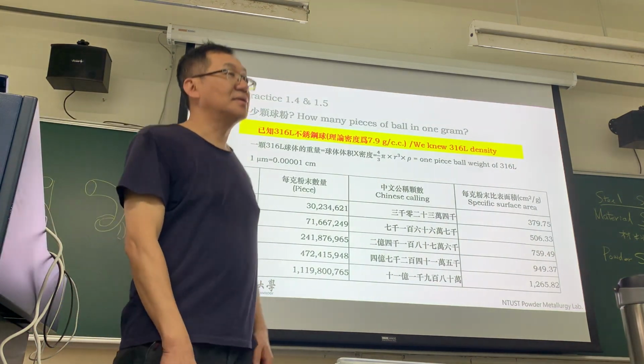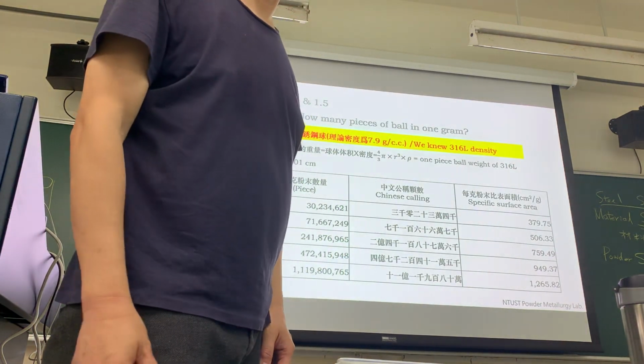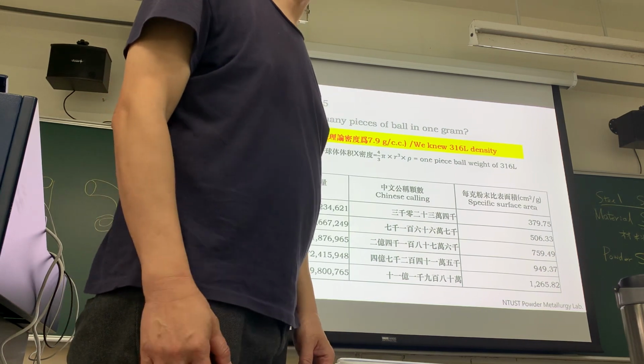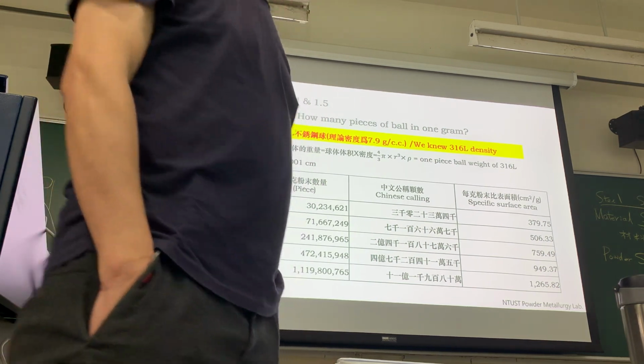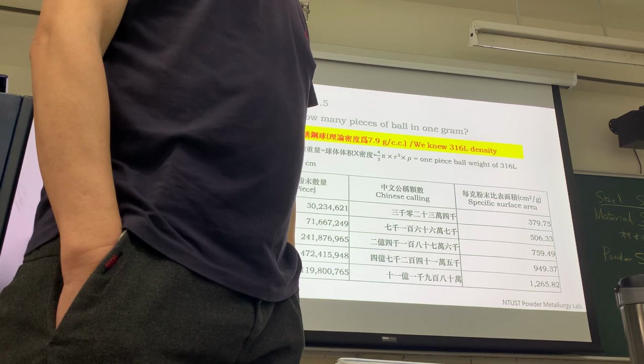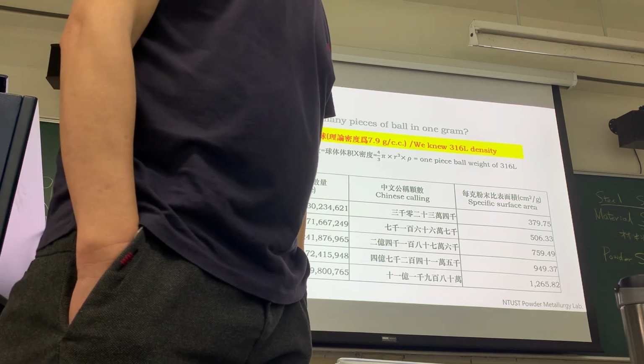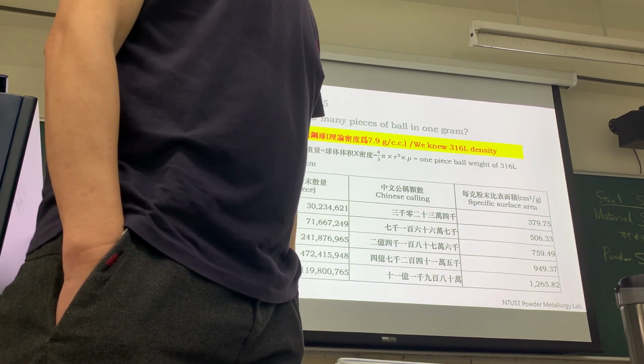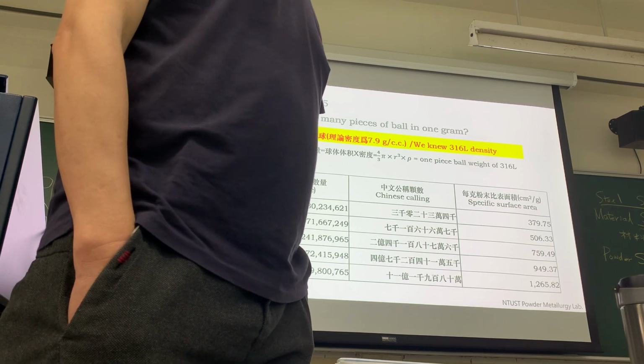Okay, so this is a test for you. Take 1 gram of 316L. If the powder is 10 micron, one piece is 10 micron, how many pieces are in 1 gram?